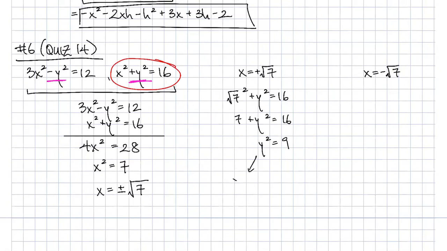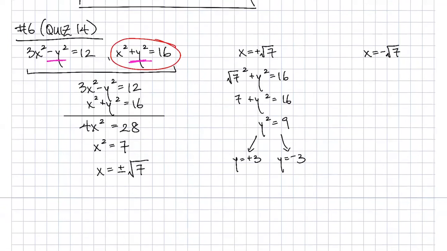That means y could be positive 3, or y could be negative 3. And so that means two of our solutions would be root 7 comma 3 and root 7 comma negative 3. Those are two of the places where the hyperbola and the circle cross.